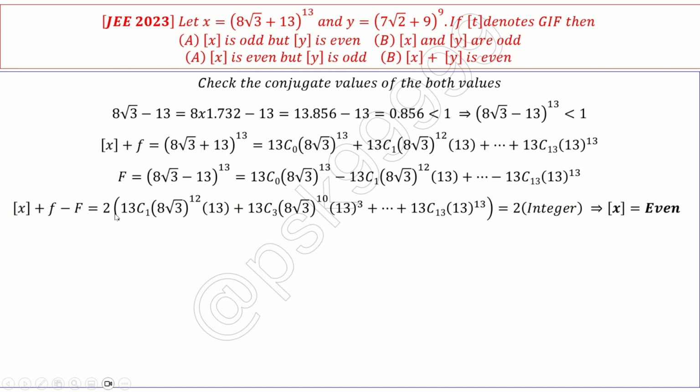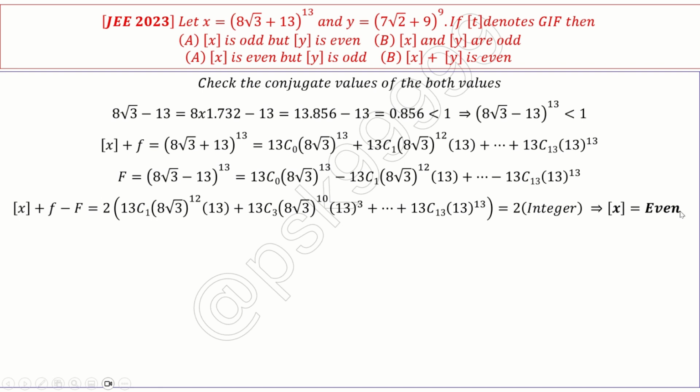Now if you see clearly, every 8 square root of 3 term has an even power, up to 2 and then it will be 0, and in the last there is no 8 square root of 3 term. So every term in this expansion is an integer. So this whole expression is 2 times an integer. That means the fractional values f and capital F cancel each other. Only the GIF of x is left, which is nothing but 2 times an integer, that is an even number.